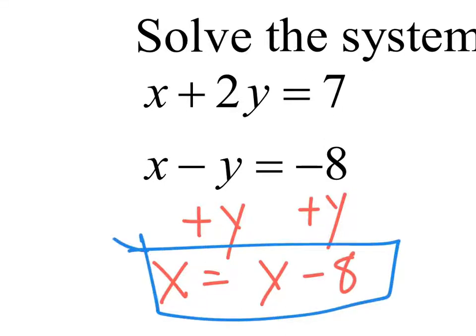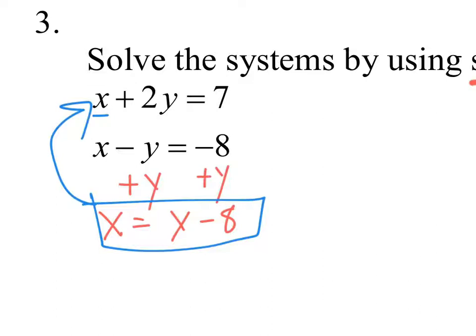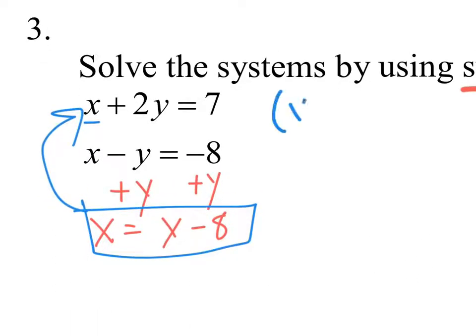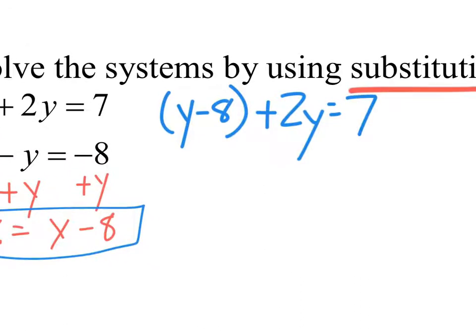We can simply take that and plug that into this x right there. So what is that going to look like? That's going to look like y minus 8 plus 2y equals 7, right? Okay, so now we need to combine like terms.